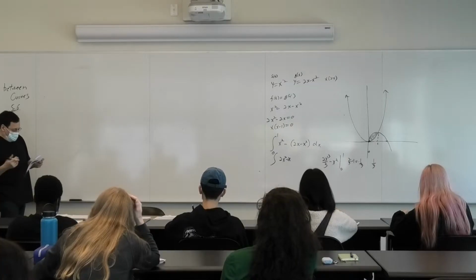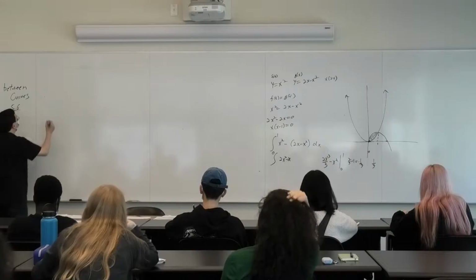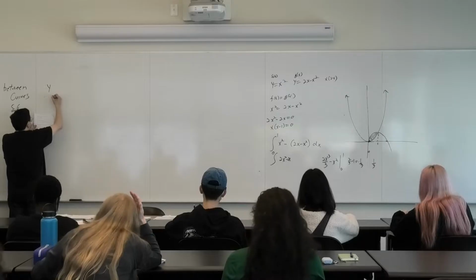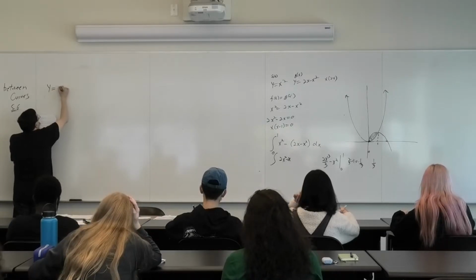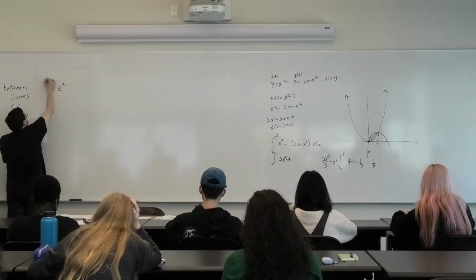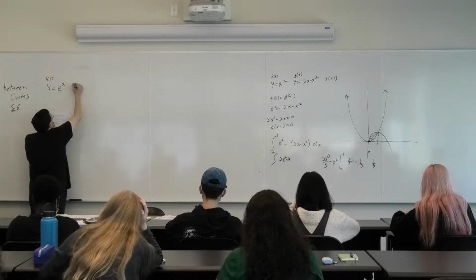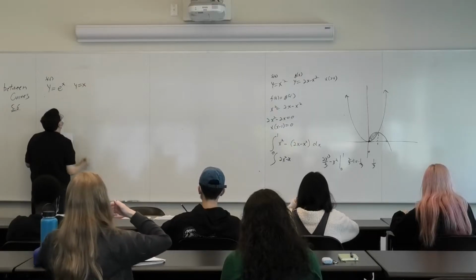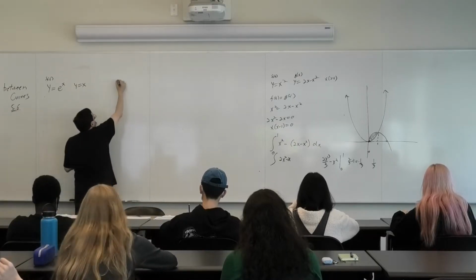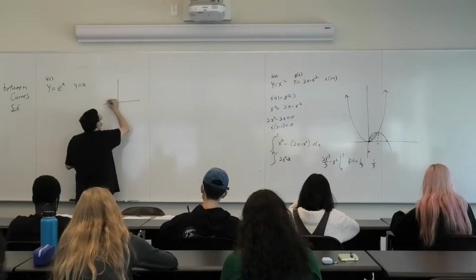Okay, again, a simple problem. y equals e to the x, which again has to be f of x, and y equals x. Again, it always helps to take a look at what this might look like.